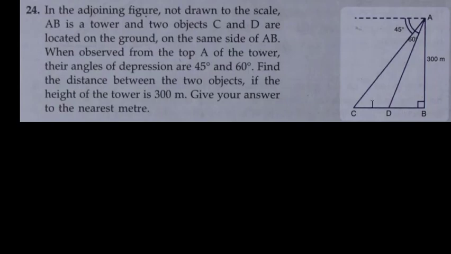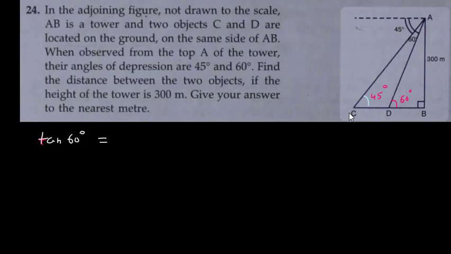So here in this diagram, this angle is 45 degree and this whole angle is 60 degree. We have to find the value of CD. We will say that tan 60 degree is what?